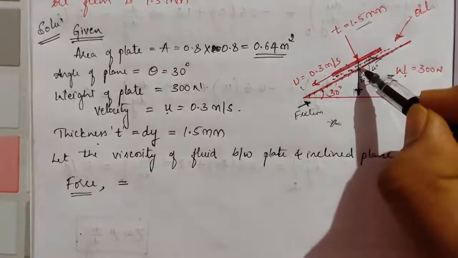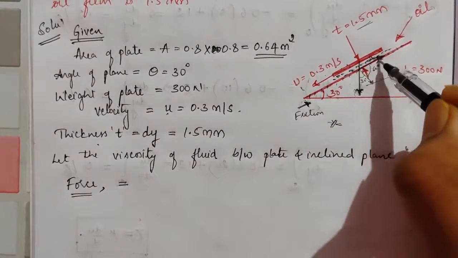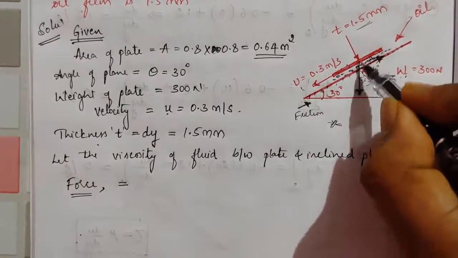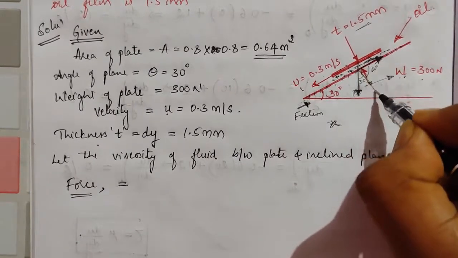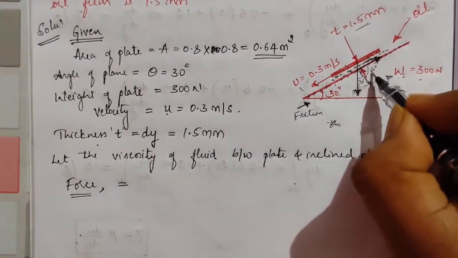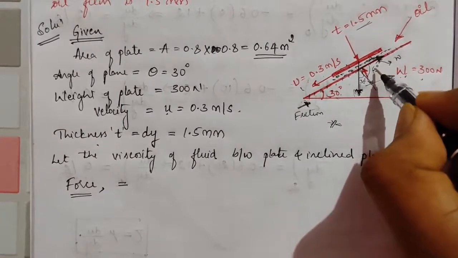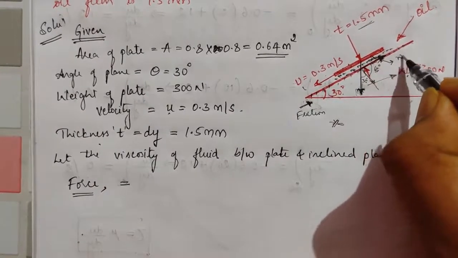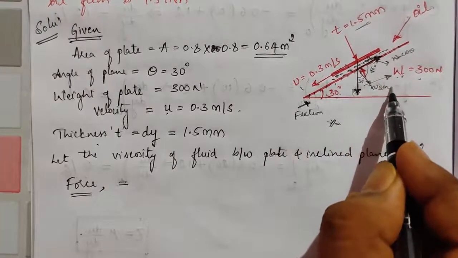We know that this is 30 degree, this is also 30 degree, so 90 minus 30 is 60 degree. With respect to the plane it is 60 degree, right? So I'll take this as W cos theta, and this one W sin theta.